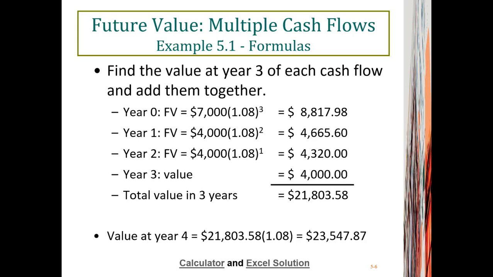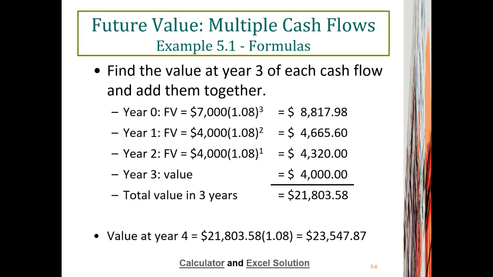Here the calculation shows that we do a future value calculation for every individual cash flow. For example, for the $7,000 cash flow that occurs at time 0, we need to compound it 3 times. And for the cash flow that occurs in year 1, which is the $4,000, we need to compound it twice, and so on and so forth.